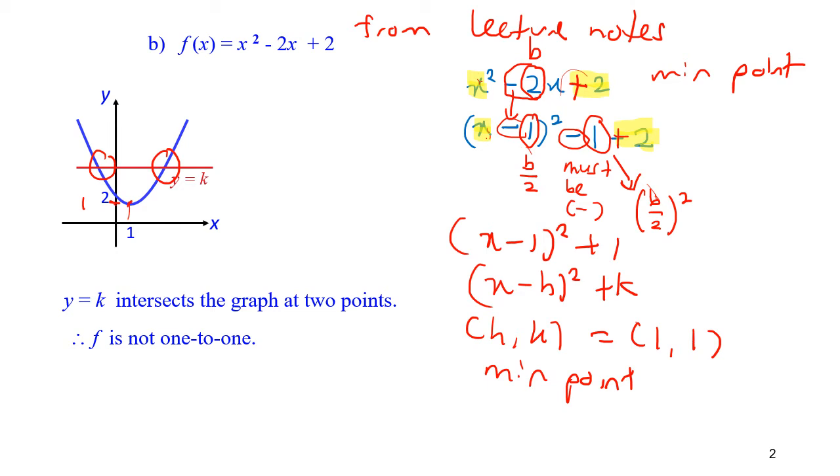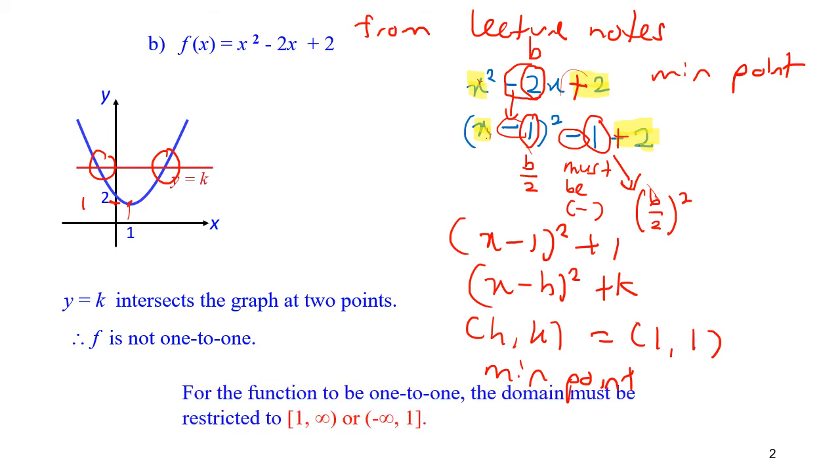And then remember after that, we have to make the function from not one-to-one to be one-to-one, so that it will have an inverse. In order to do this, we have to restrict the domain.